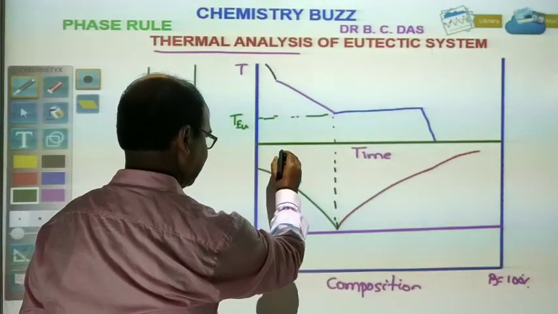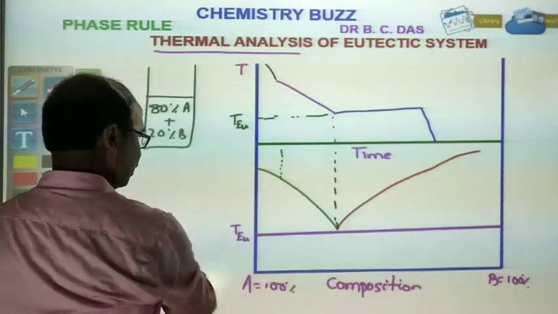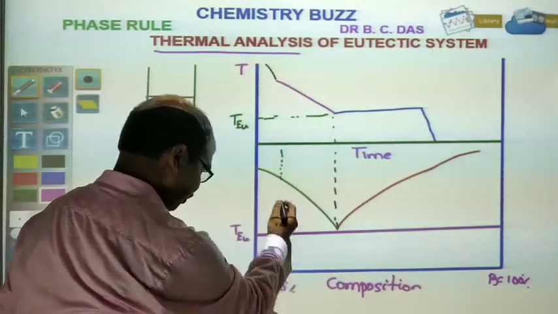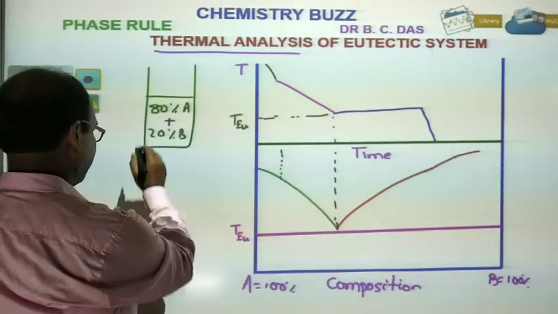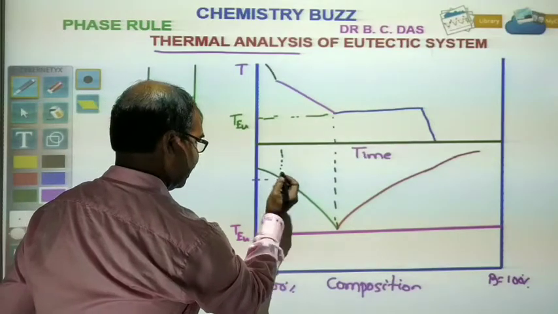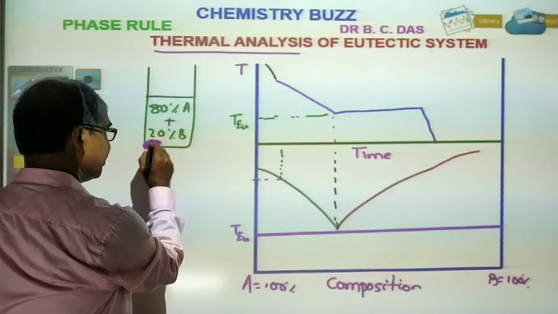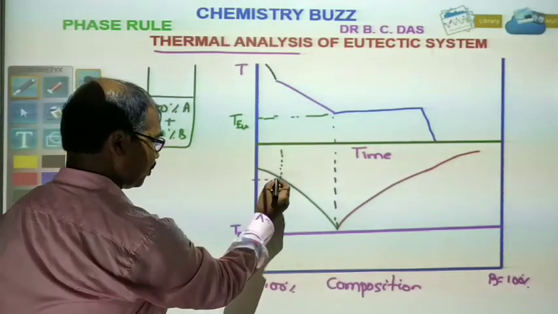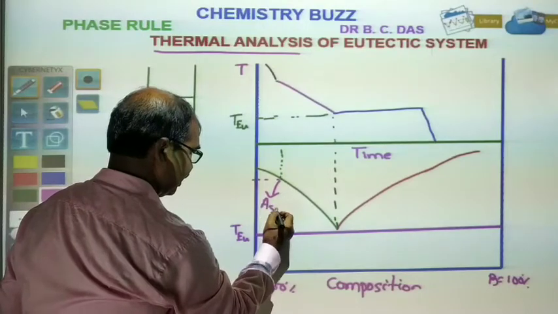So this is corresponding to the 80% A and 20% B. So here at this temperature, the first solidification of A starts in this container.